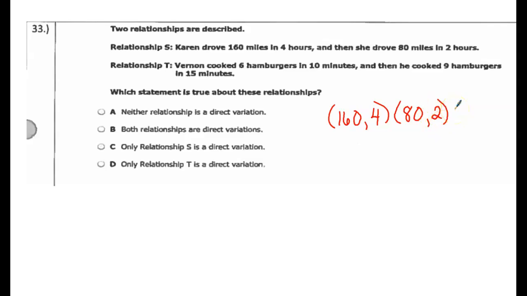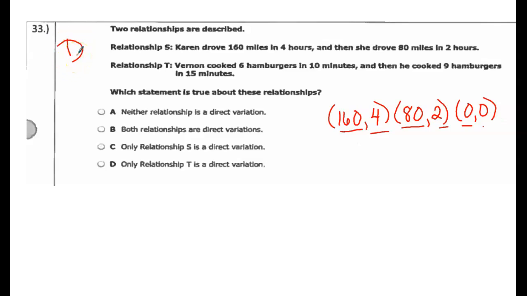How many miles would she drive in 0 hours? That would be 0. So already we're looking at this line possibly going through the origin, so that would make it a direct variation. As our inputs are going down, so are the outputs. So there is a direct variation with S.